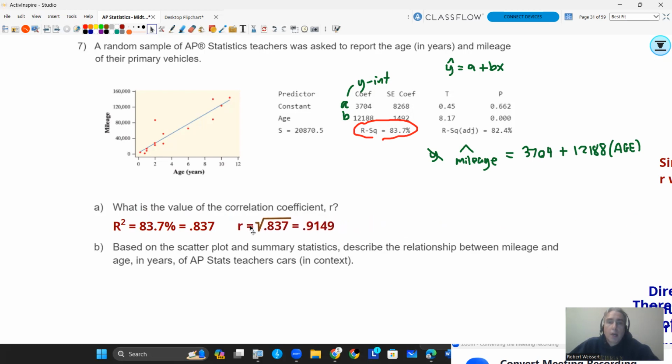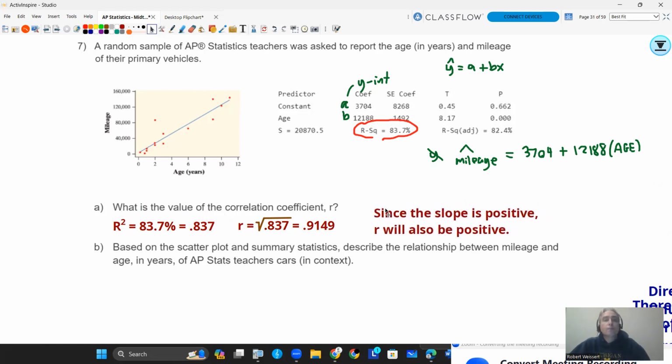And when you square root that, you're going to get 0.9149. That generally translates to being a strong relationship. But you have to look at the relationship itself. Look at the data. If it's going down, that's going to be a negative. So you get lucky if you forgot to do that, because this is a positive slope. So since the slope's positive, R will also be positive. You don't need to write that phrase on here, but you have to know that you have to change it to negative if the slope's going down.